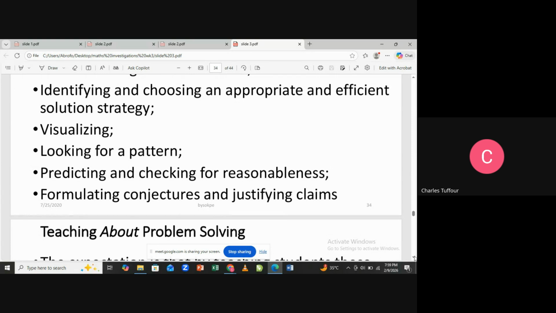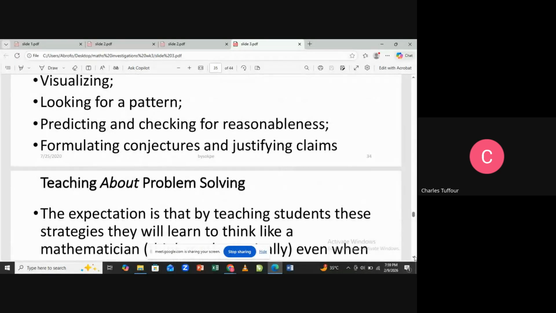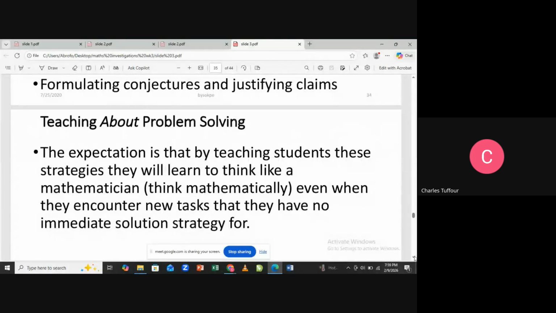Formulating conjectures and justifying claims. So you prove and see whether your answer is correct. The expectation is that by teaching students these strategies, they will learn to think like a mathematician. Think mathematically, even when they encounter new tasks that they have no immediate solution for, they will be able to solve it.